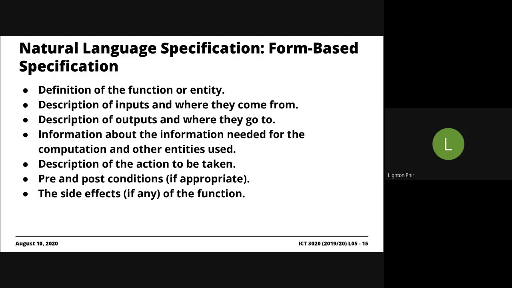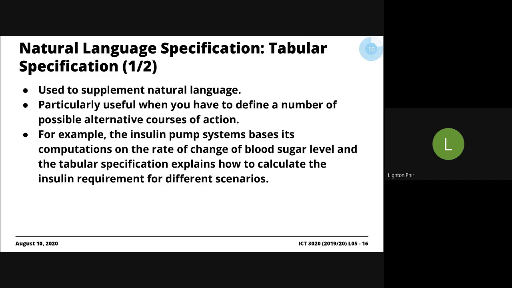So form-based specification. And then there's a tabular specification where you're really just supplementing the natural language notation. In fact, the example that we just looked at here, the use case description in the table, is a classic example of the tabular specification, right?